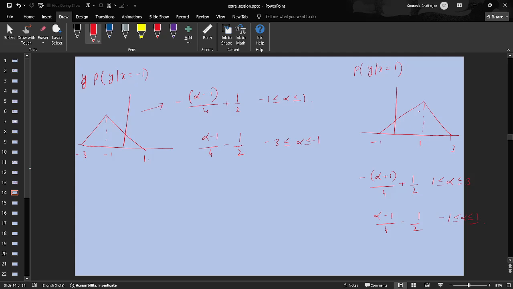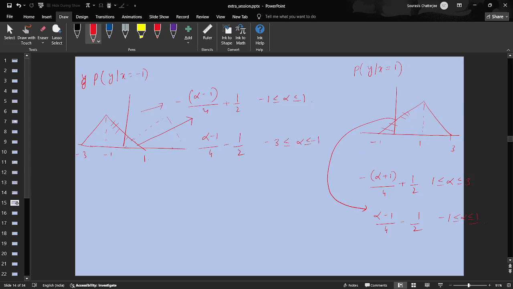If I plot both of these on the same page, you can see that this side of this probability is going to interfere with this side of this probability. And this line here has this expression, and this line here has this one.